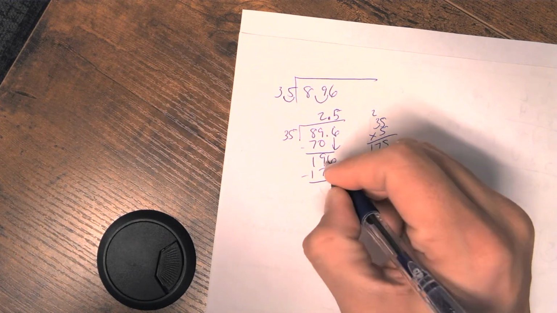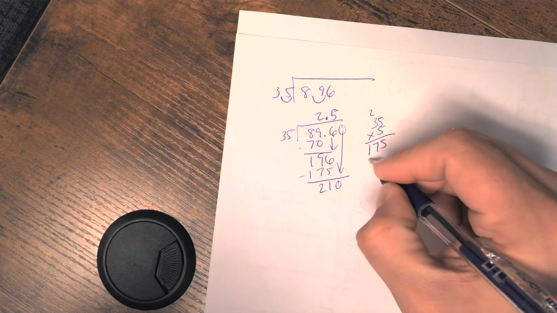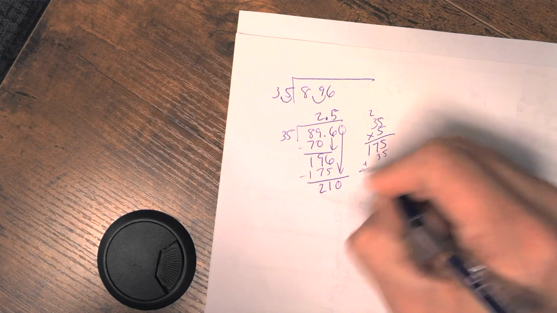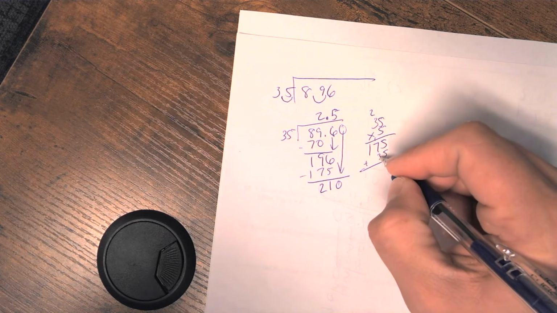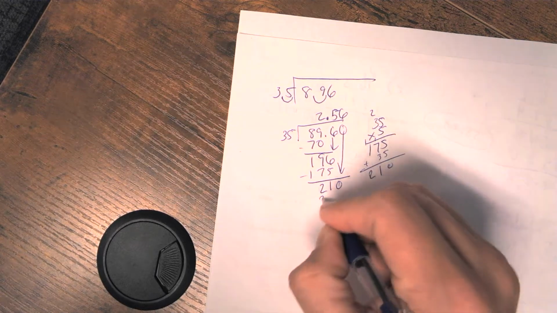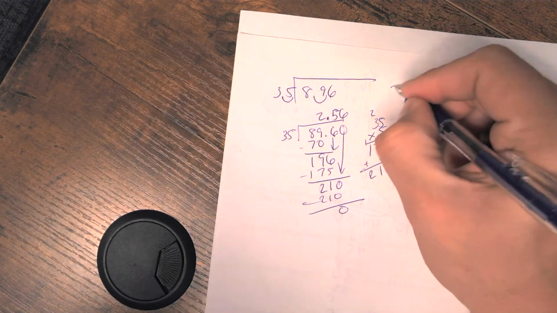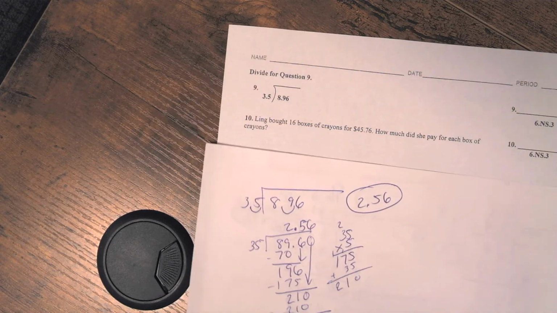So we got 1, 2. Drop a 0 now. So we get 6 now. 210 exactly. We subtract, so we get 2 and 56/100ths as your answer for number 9.